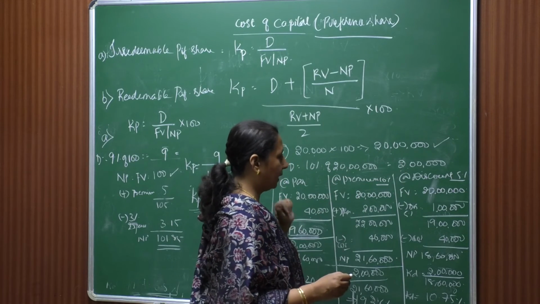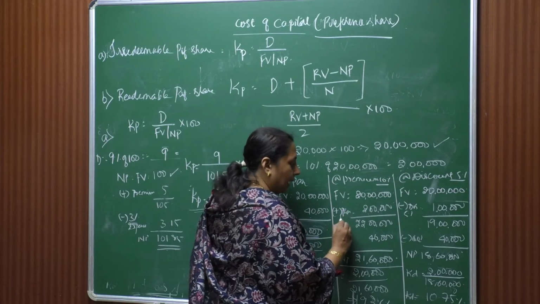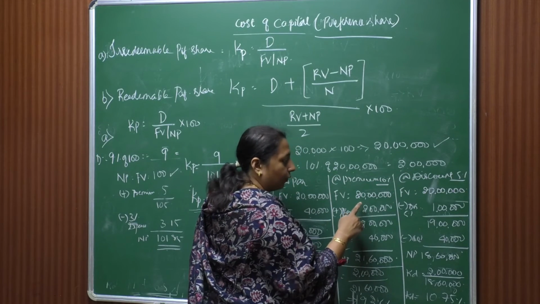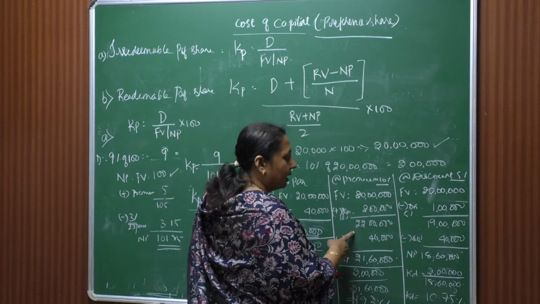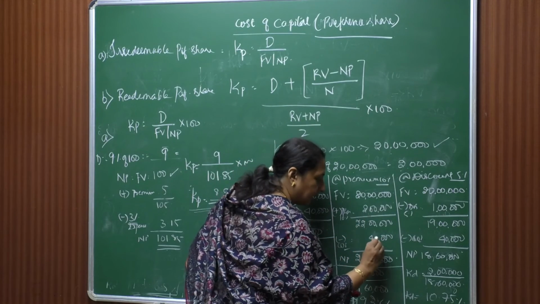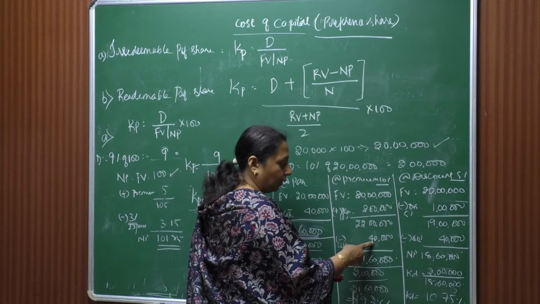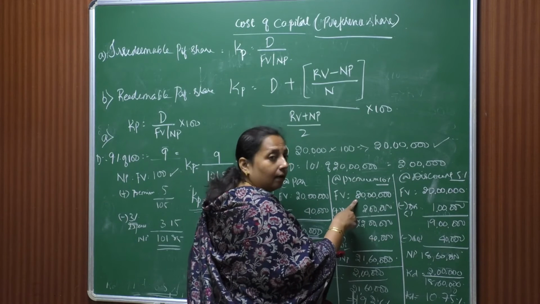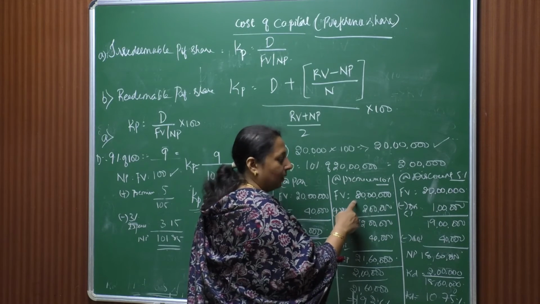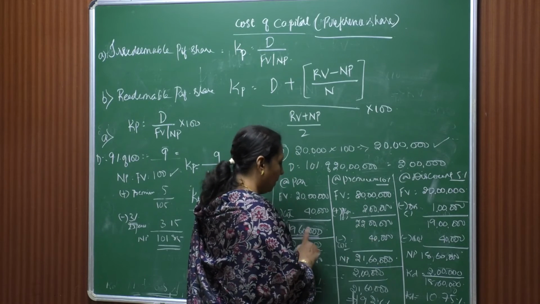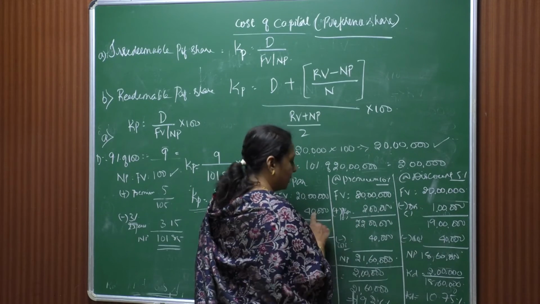At a premium of 10%, face value plus premium of 10%, 20 lakh plus 2 lakh, the total is 22 lakh rupees. Then less expenses, that is the cost of issue, 40,000 on the face value. Please do not calculate it on the adjusted value; you should calculate it on the face value, which gives you 40,000.